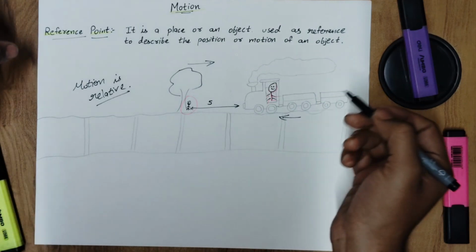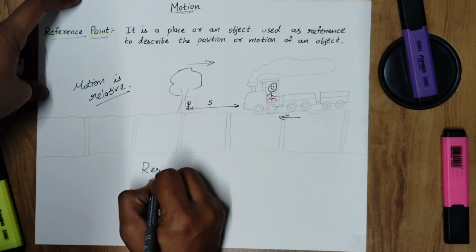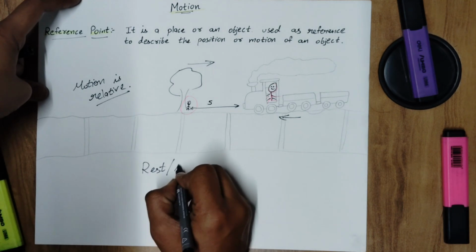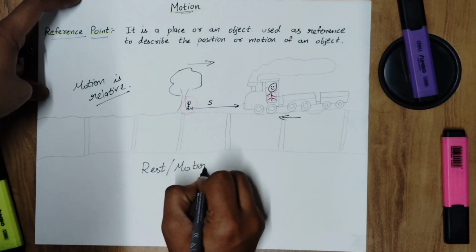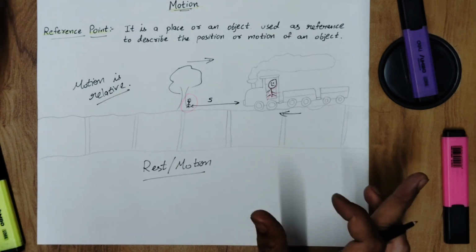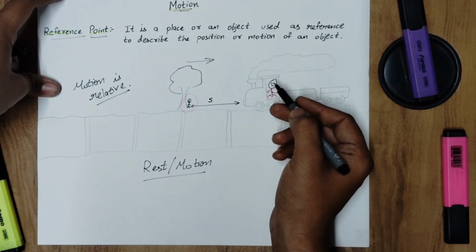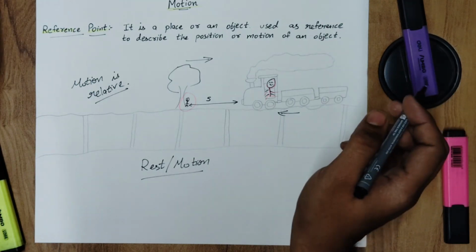And also, there are two types of motion. One is rest, one is motion. Basically, not two types of motion, there are two types of movements. One is at rest. When the train is standing here, it is said to be rest. What is rest?